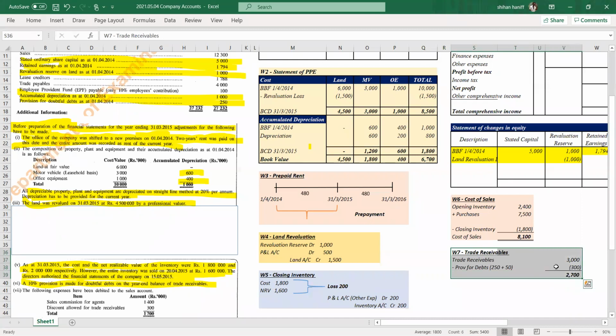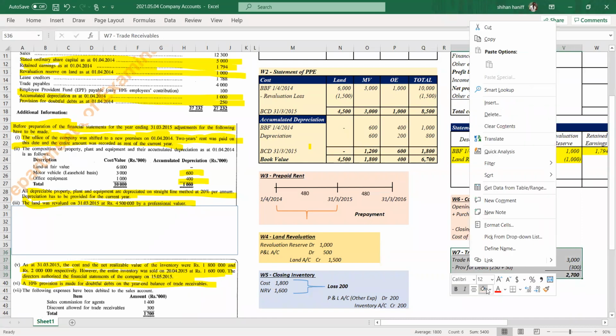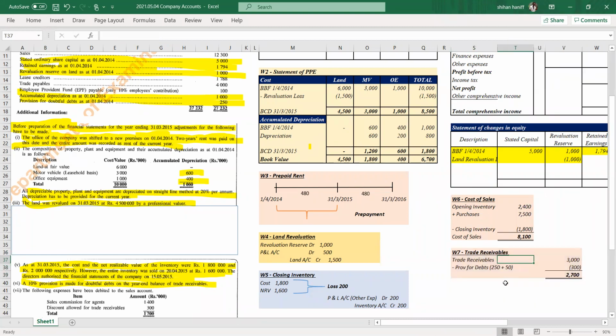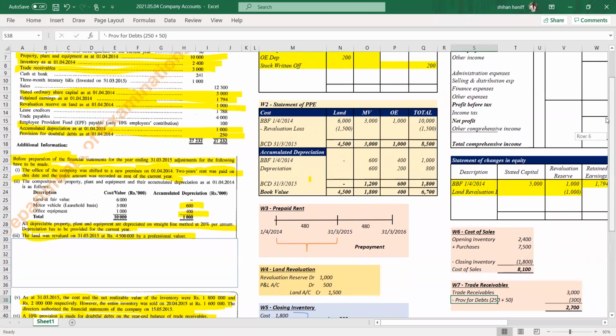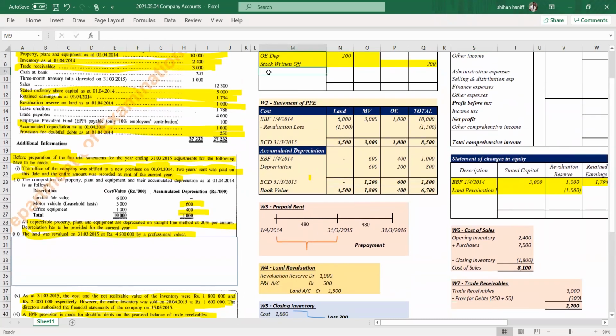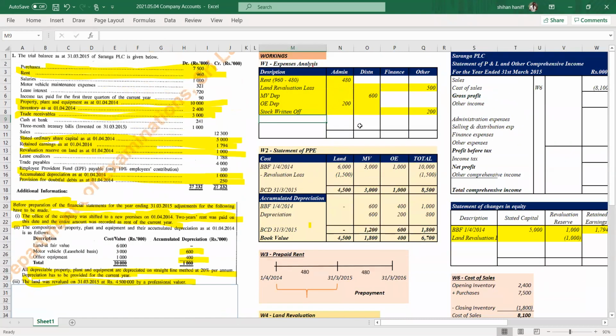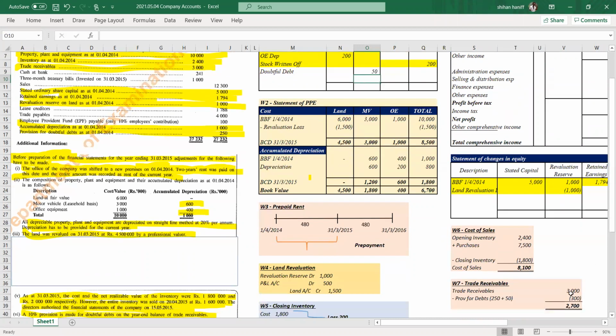So this additional 50 is an expense. So we take this into the distribution expense, doubtful debt. Distribution expense 50. Yes.